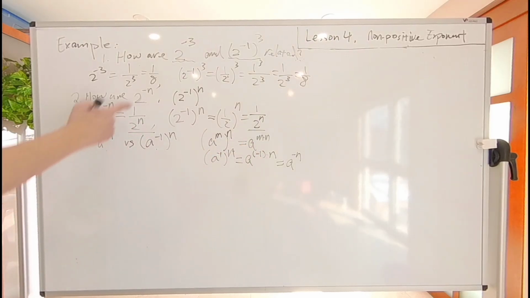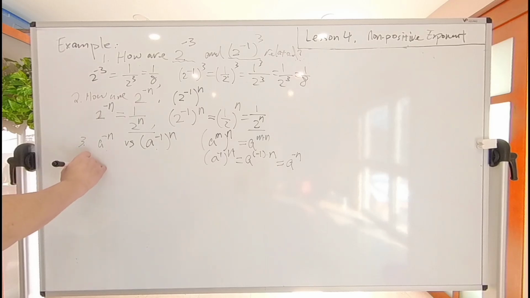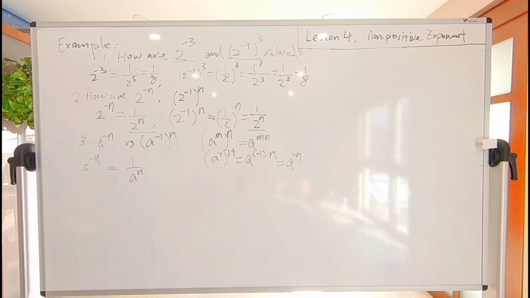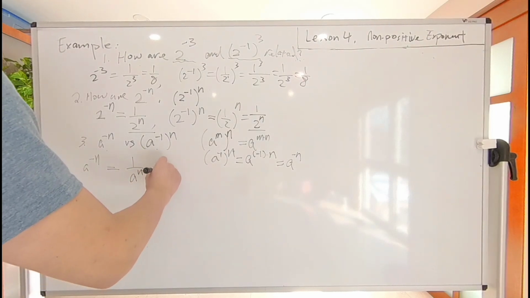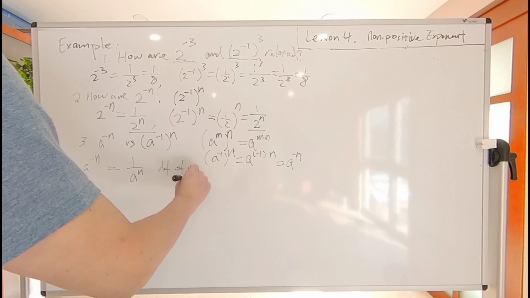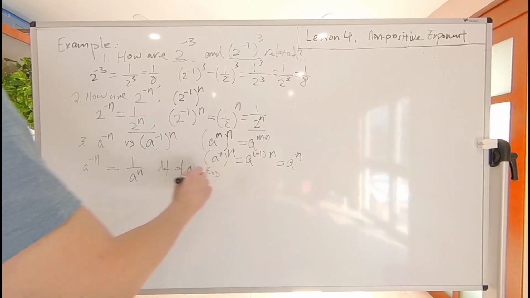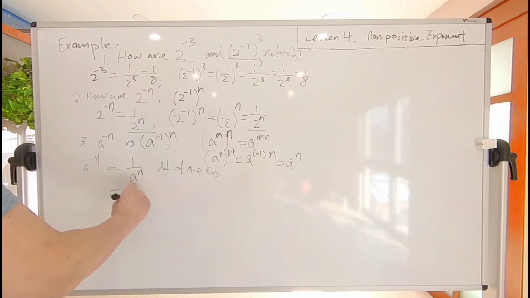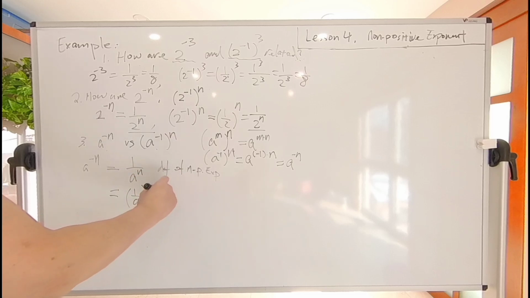But let's go back to this question. Let's use the similar way we learned from the non-positive exponent to show the conclusion. So we start from a to the minus n. First of all, this is equal to 1 over a to the nth power, based on the definition of non-positive exponent, right? And then 1 over a to the power of n can be further written as 1 over a, to the power of n, and this is the power of reciprocal.